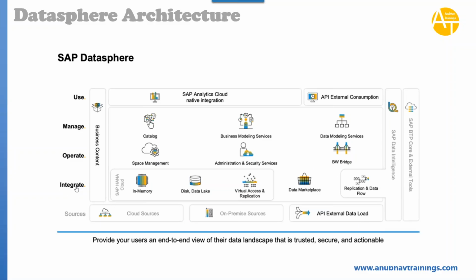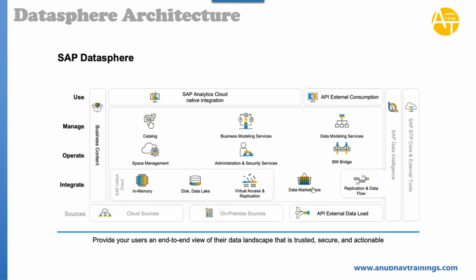Then you start with integration, operation, manage, and use. So in the integration option, you can use existing business content offered by SAP and its partners. You have integration with in-memory database called HANA Cloud, where you can use in-memory HANA Cloud capabilities, including data lakes and virtual data access and replication.